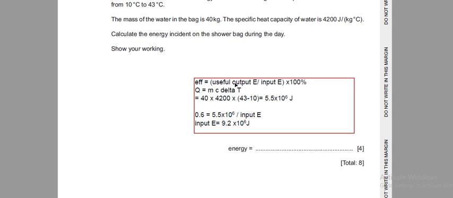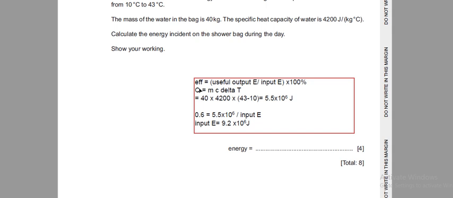We have the efficiency equals useful output energy or power over input energy times 100%, and we have also the equation Q equals mc delta T. So we have the mass, specific heat, and delta T. We can get Q easily.